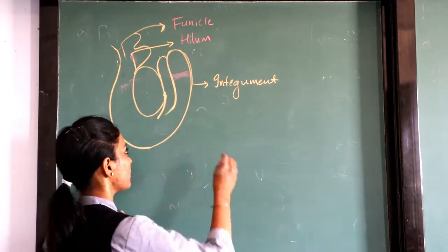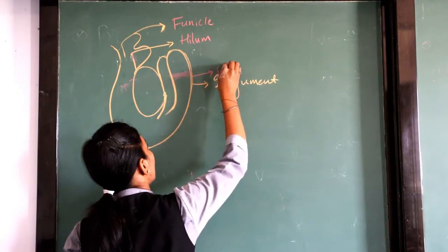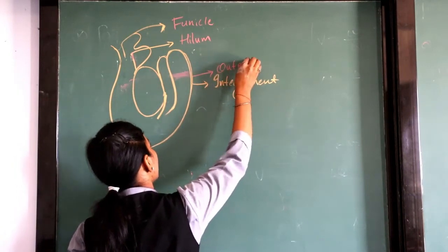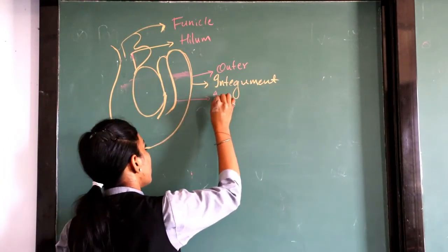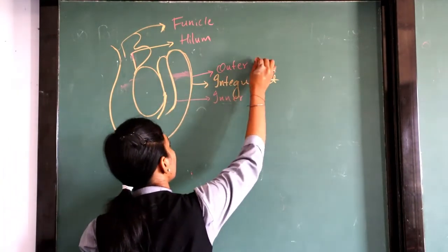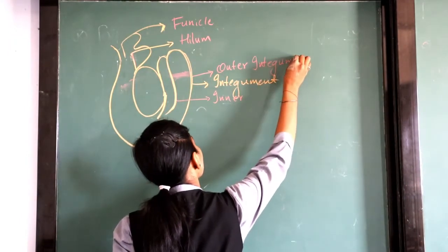So integuments are further divided into two types. They are the outer integument and the inner integument.